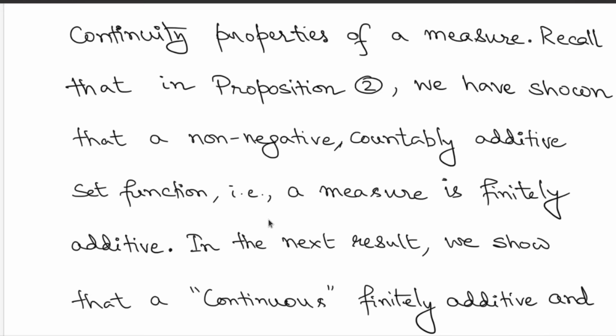I take an arbitrary finite number of sets A1, A2, ..., An, which should be pairwise disjoint. Then the size of the union should be the sum of the individual sizes. Now this was finite additivity, and we are saying that this follows from countable additivity. In practice, finite additivity is easier to verify. So this is our starting point of the discussion.